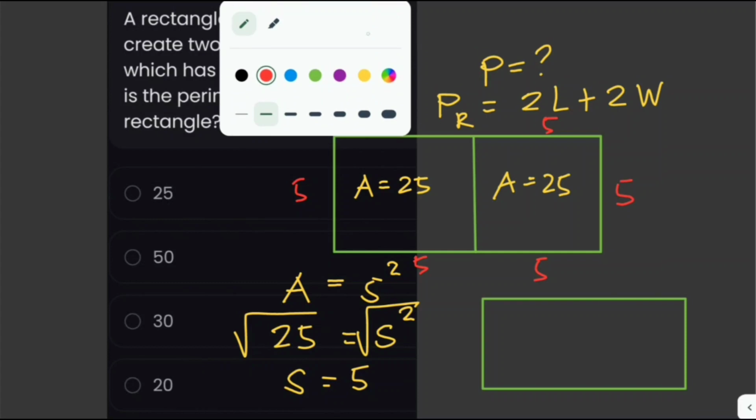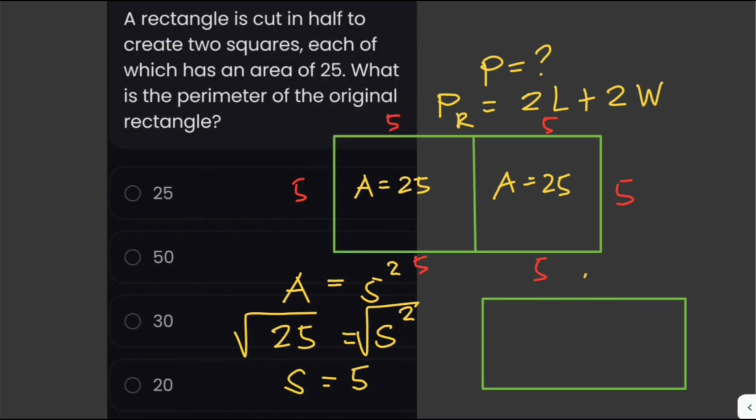that are 10, because 5 plus 5 here, we just add up the sides of 2 squares, and the width is just equal to 5. And now we can solve for the perimeter of the rectangle.